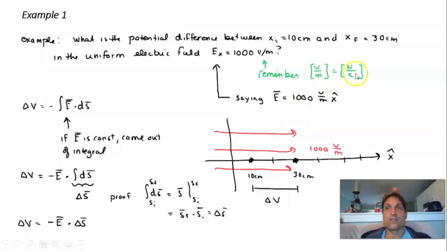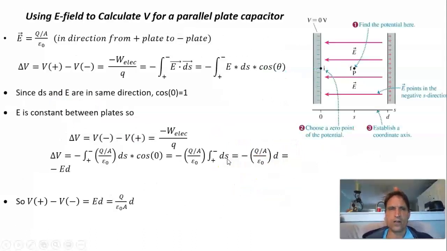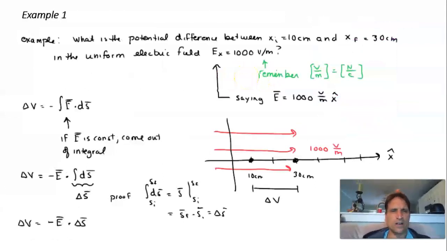What we need to do is plug in that E is a constant, 1,000 volts per meter. E is in the same direction as ds because we're going from 10 to 30, and that's along the direction of E. So cosine of theta is 1, and this integral is just E ds from 10 to 30.